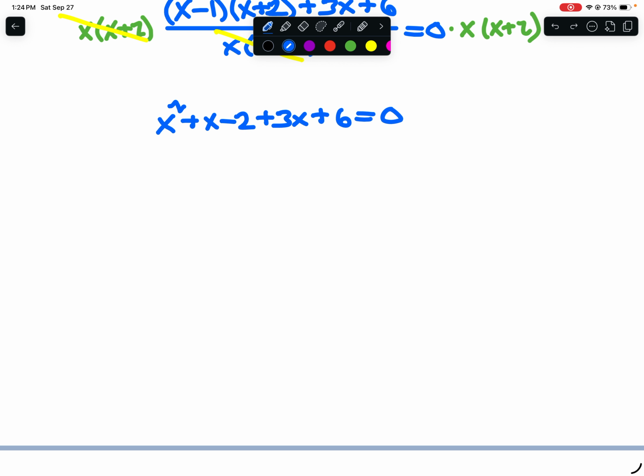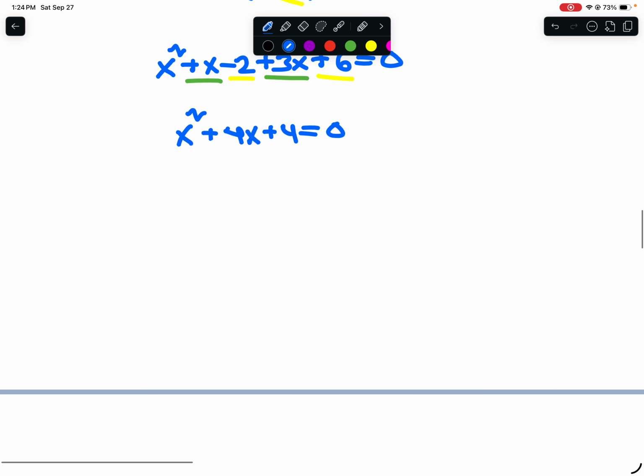Now I want to combine like terms, so I'm going to combine my x values, and then I'm going to combine my constants. So we're going to have x squared plus 4x plus 4, and that's going to equal 0. So when I factor, we're going to get x plus 2 times x plus 2, which I can rewrite as x plus 2 squared equals 0.